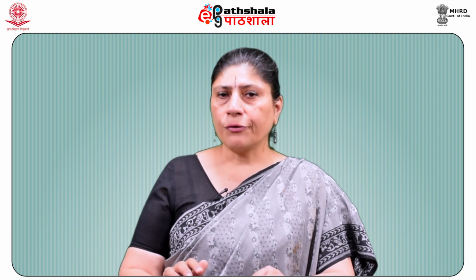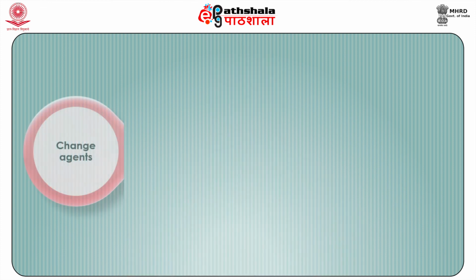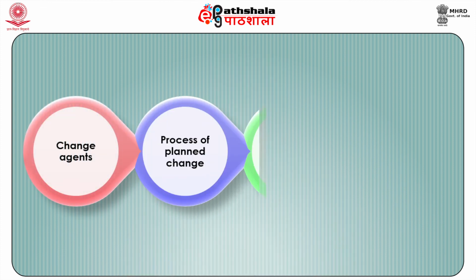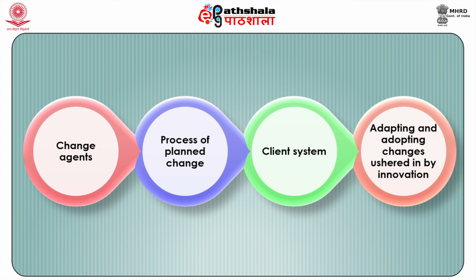Even changes in work climate and style are part of planned change. Planned change has a definite direction. This kind of change occurs as a result of strategic, systematic planning, reorganization and implementation of change. The change agents in the process of planned change steer the client system towards adapting and adopting changes ushered in by innovation.